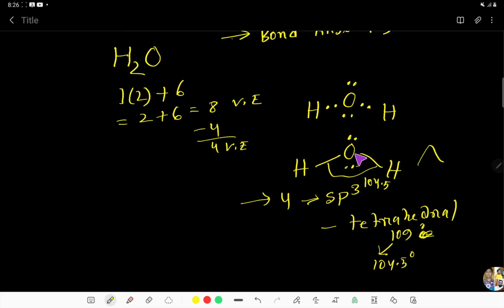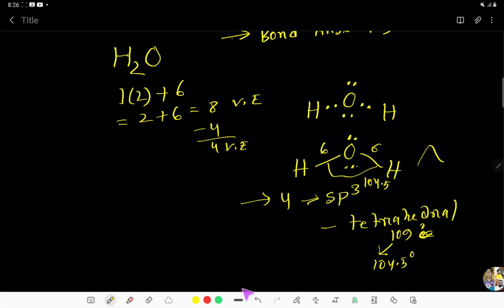If I ask you how many bonding pairs and lone pairs are present in water, you have 2 lone pairs and 2 bonding pairs. So in water you get 2 sigma bonds, right? There is no pi bond in water. I hope you now have clarity about everything on the water Lewis structure.